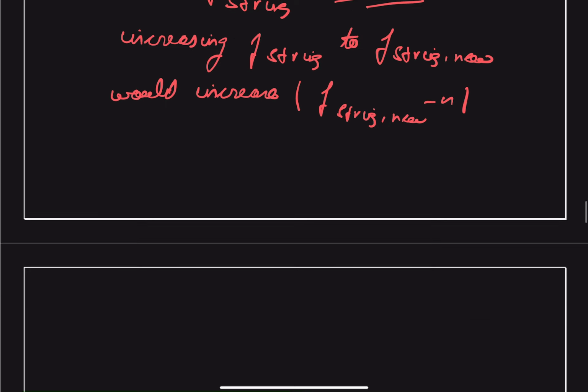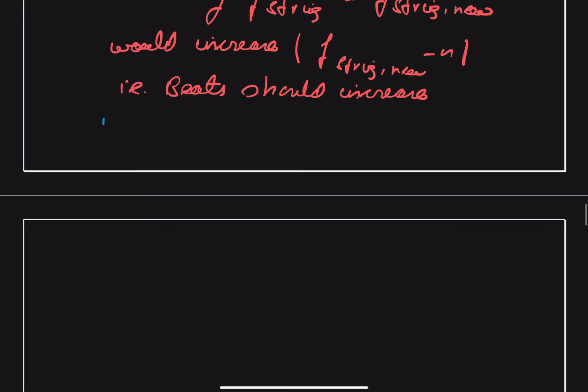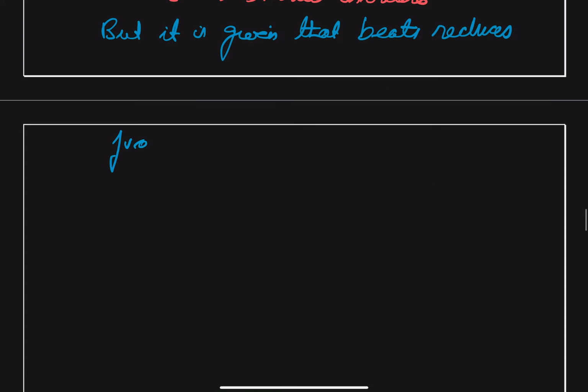That is, beats should increase, but in the given question it is given that the beats are reducing from 4 to 2.